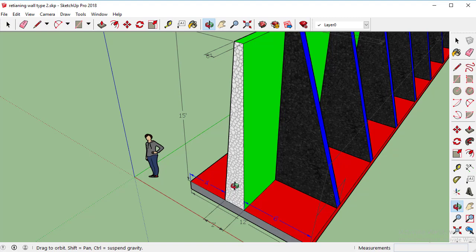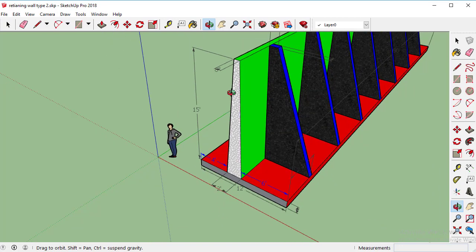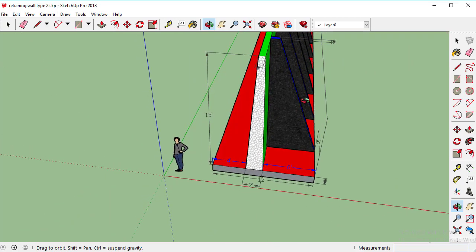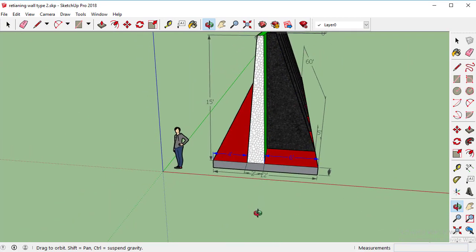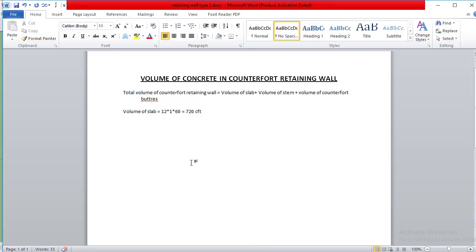So we will use the surface area formula for a trapezoid, which is (a plus b) times h by 2. Here h is 15, a is 8 inches, and b is 2 feet. We put all these values in the formula and multiply. After finding the surface area for this stem, we will multiply it with the length of this retaining wall, which is 60 feet.